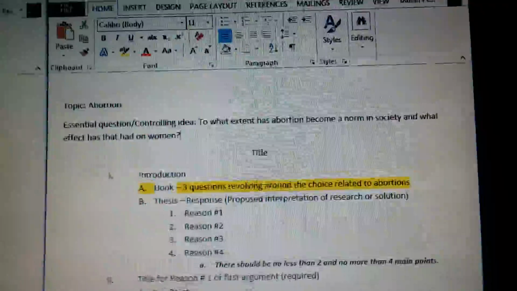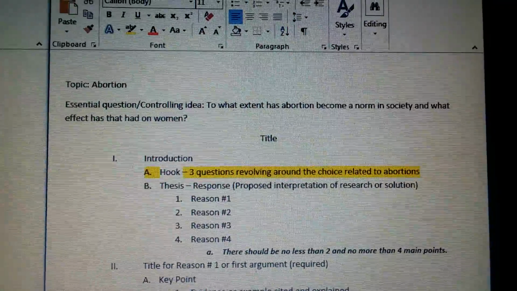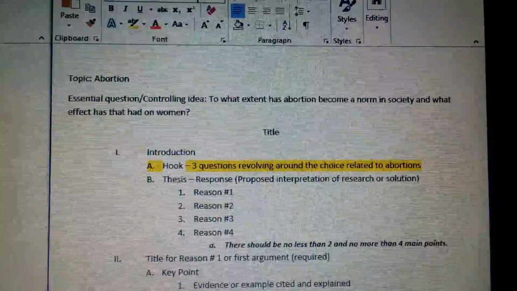So let's just say my essential question is very focused. It's about abortion, but I want to know, to what extent has abortion become a norm in society?